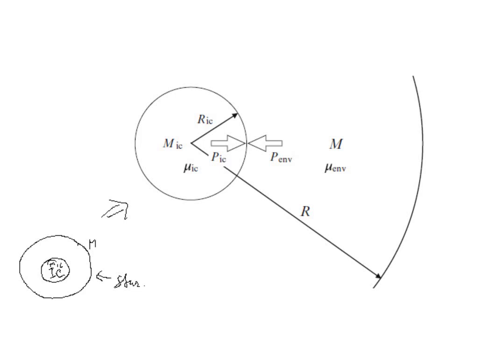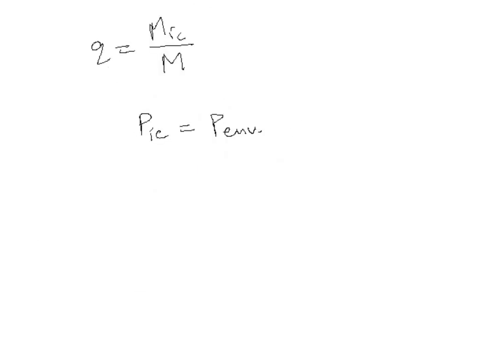Okay, so what next? Let us start by calculating this envelope pressure. Okay, now how do we estimate this? We can start our estimation here. You see, let us start this calculation of envelope pressure using the equation of hydrostatic equilibrium.